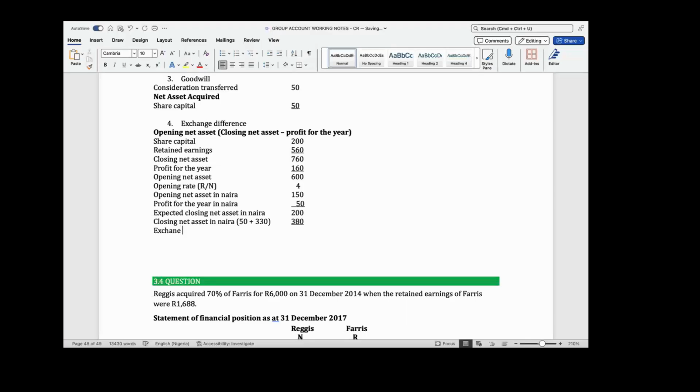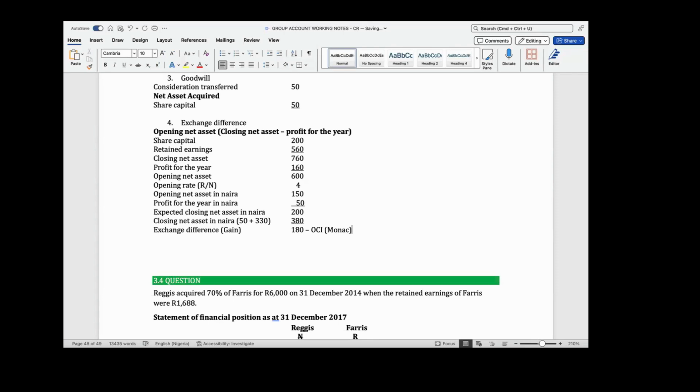This difference, which is a gain, because I'm expecting 200 as net assets. I got 380 as net assets, which is a lot of money. So there is an exchange gain here of 180. Usually it will go to OCI of the subsidiary, Monarch.